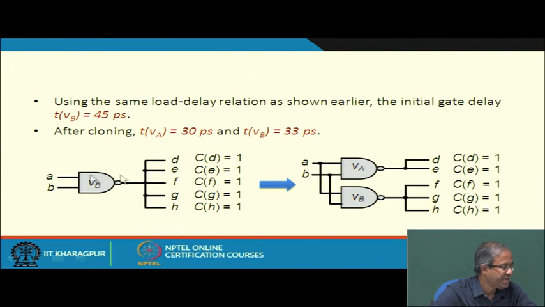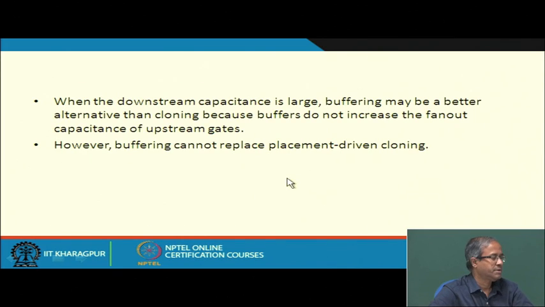But as I said, the fan outs of A and B are increasing. Now A will have one additional fan out, and B will also have an additional fan out. And when the downstream capacitance is large, buffering can be better than cloning. The reason is that buffers do not increase the fan out capacitance of upstream gates.